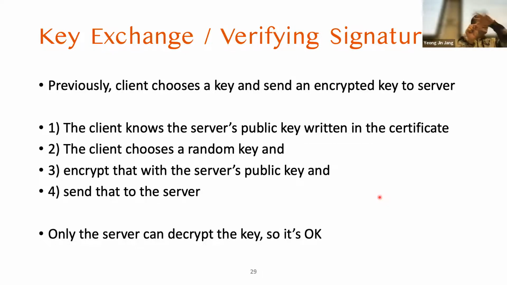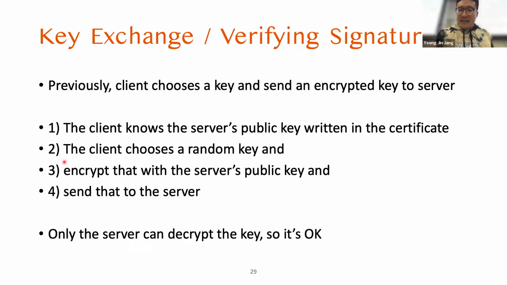To agree on a shared secret, the client knows the server's public key written in the certificate, chooses a random key, encrypts it with the server's public key and sends it to the server. Public key crypto guarantees that only the private key holder can see this message, so only the server can see that key. That's how TLS and SSL worked.